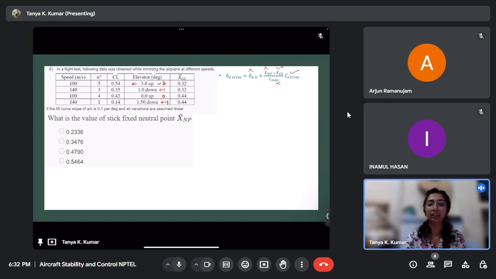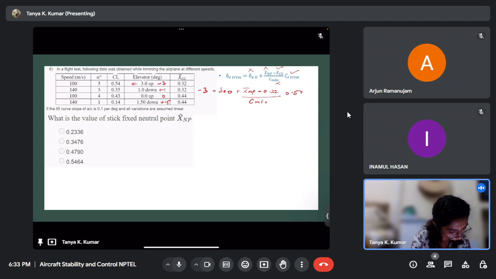So now I'll just write down the four equations that we have. First one would be delta E trim is -3 equals delta E naught plus x bar NP minus x bar CG is 0.32, Cm delta E we do not have, CL trim is 0.54.